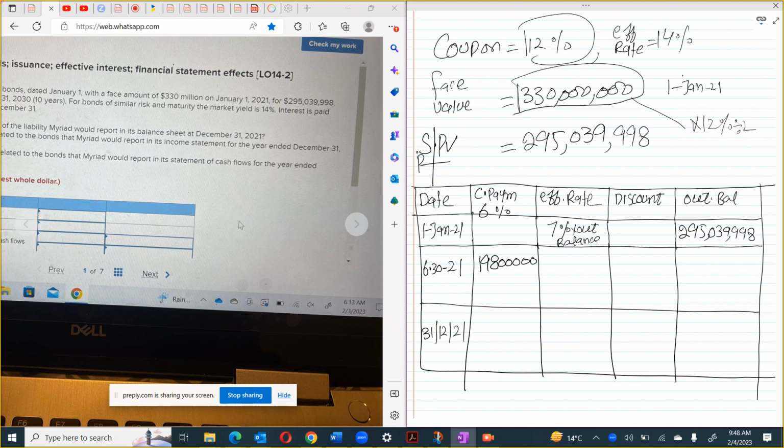And the third one, amount reported in statement of cash flows. Oh, no, no, it is reverse. This is interest expense. This is the cash amount. Write this amount in the cash column: 3960030. And the cash column, this one, 3960030.